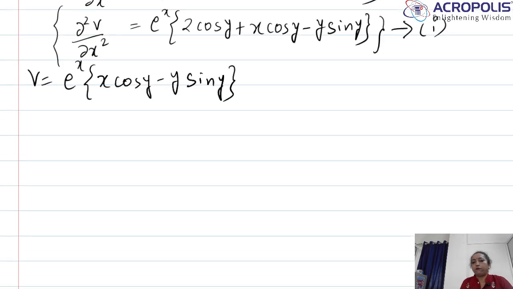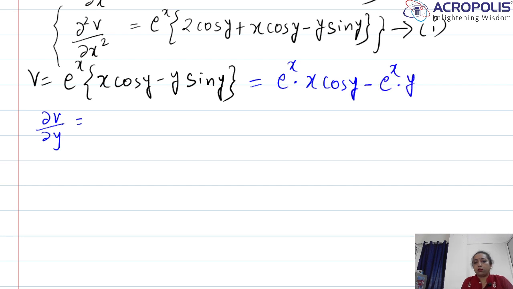Now we have to differentiate it with respect to y first. So del v upon del y is equal to, I am writing this function as e to the power x dot x cos y minus e to the power x dot y sin y, and now I am differentiating it. Del v by del y is equal to e to the power x dot x remains same. Differential of cos y with respect to y is minus sin y.